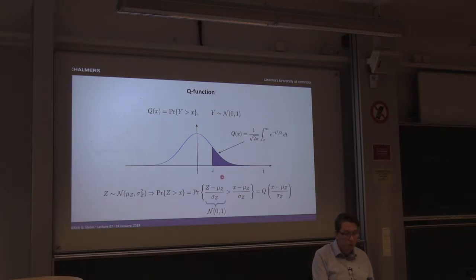It's almost like a CDF, but the other way around. The CDF would be the integration of whatever is to the left of x. So sometimes Q of x is called the complementary CDF, but we will just call it the Q function. By definition, it's this integral here.